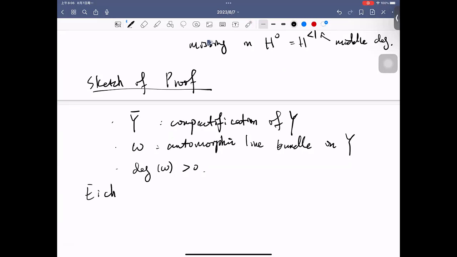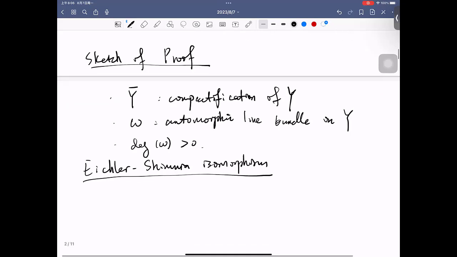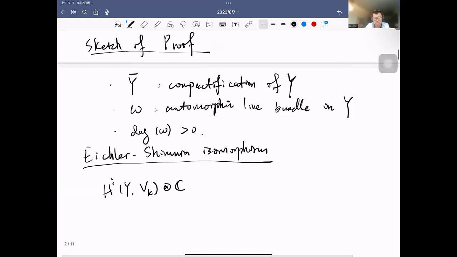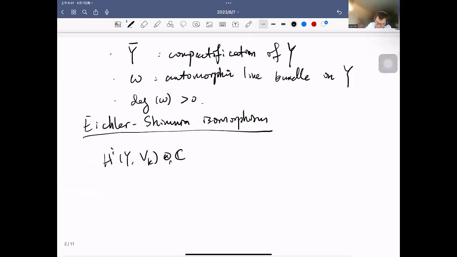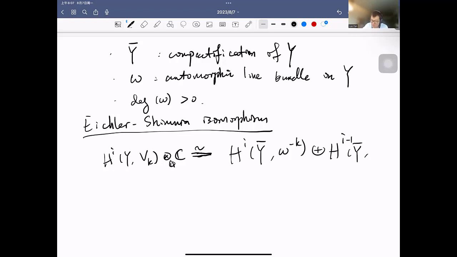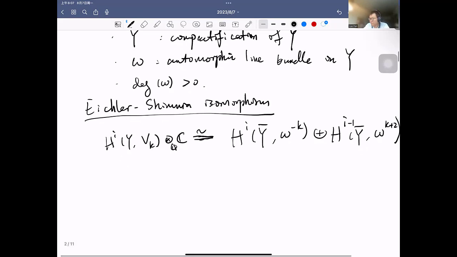This is well known as the Shimura isomorphism, which says that if you complexify your local system, there is a natural decomposition into H^i of Y bar, omega to the minus k, and H^(i-1) of Y bar, omega to the k plus 2.